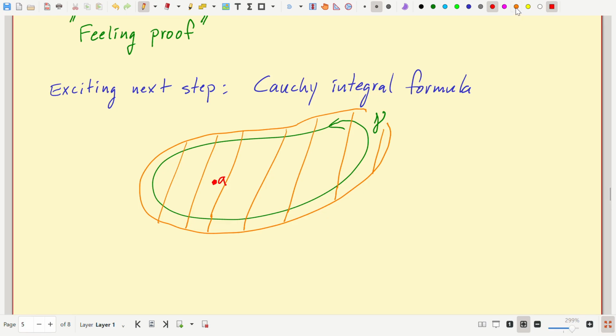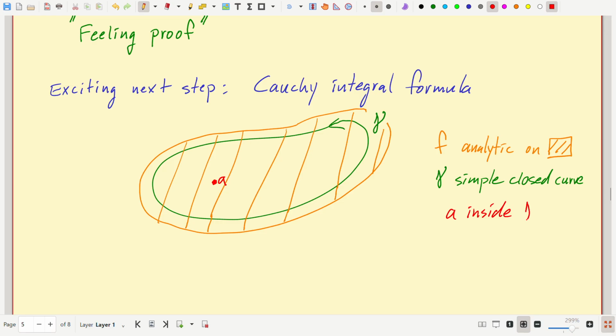So the assumptions are f is analytic inside and on gamma, gamma is going to be a simple closed curve, and a is going to be inside gamma.